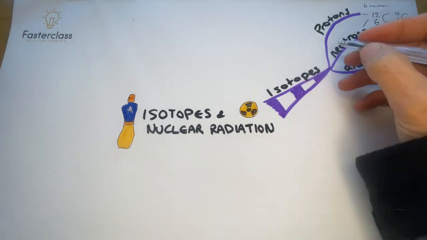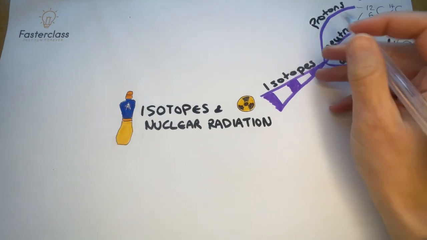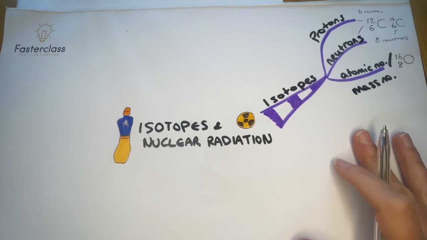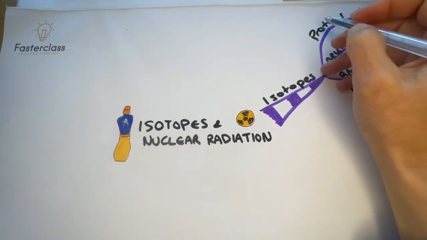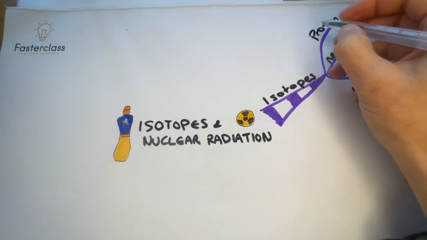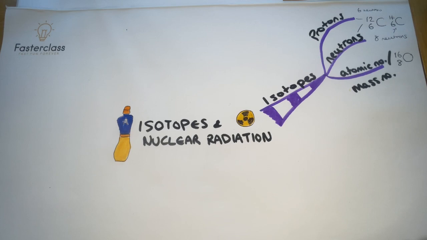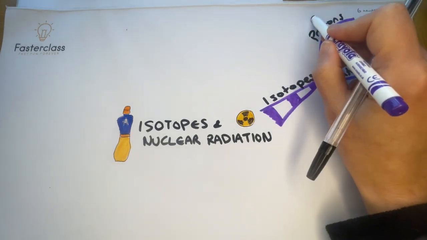Now, I want to add in something here. So we've spoken about it, but let's put this in. The number of protons defines the element. Yes? So the number of protons defines the element. Let's put a little mini branch.